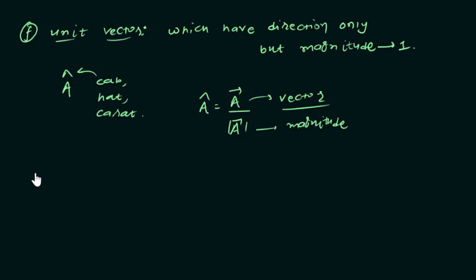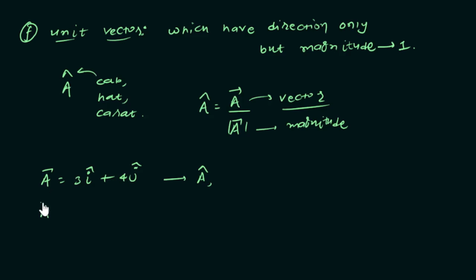Consider one vector A which is given by 3 i cap plus 4 j cap. Now we have to find its unit vector. To find the unit vector, we need to find its magnitude.